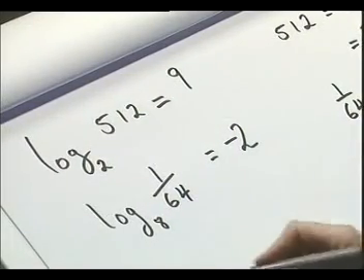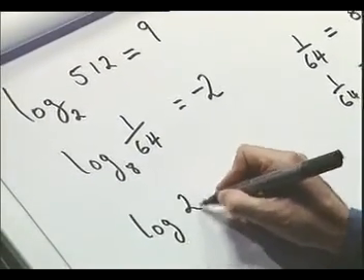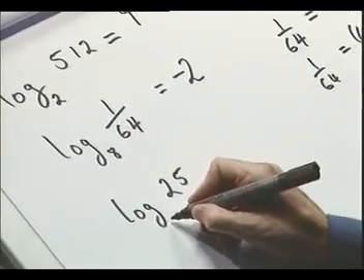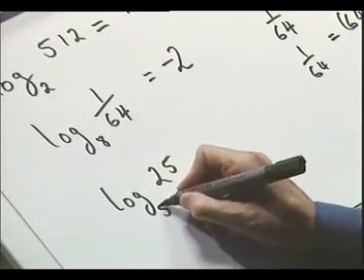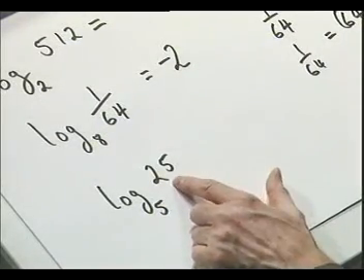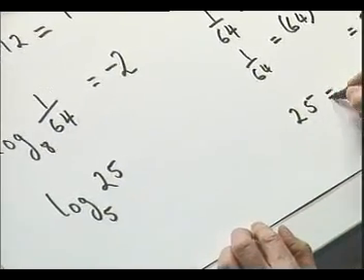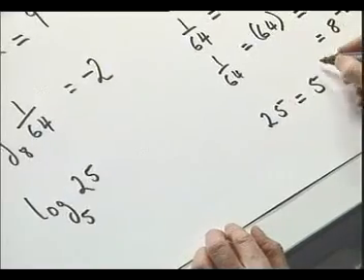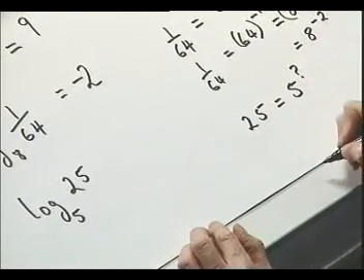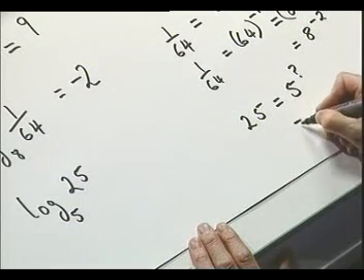What about the log of 25 to base 5? Well, this is the same as asking, what is 25 written as 5 to the power? What's that power, that index? What goes there?